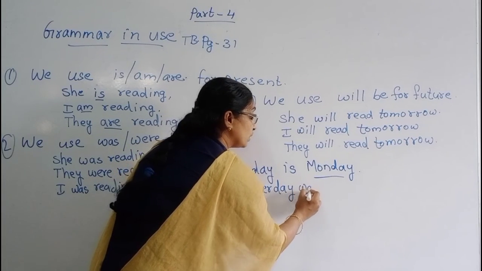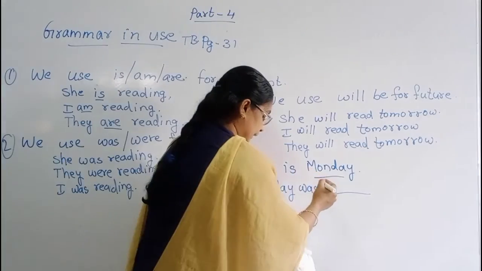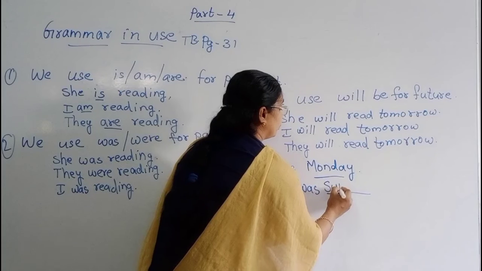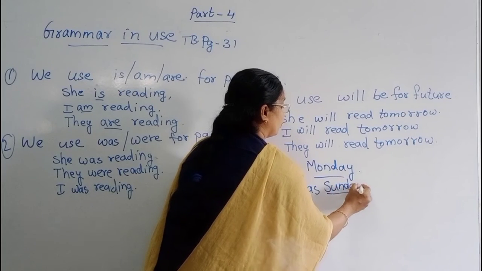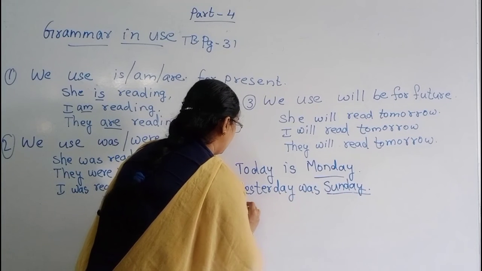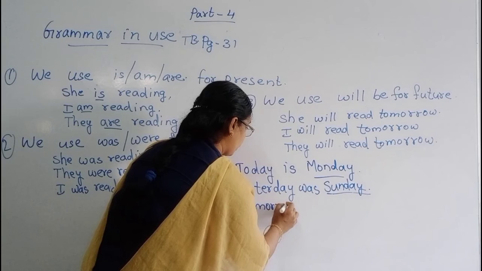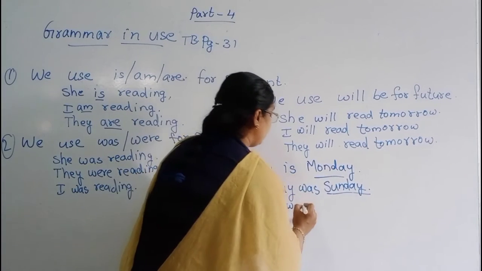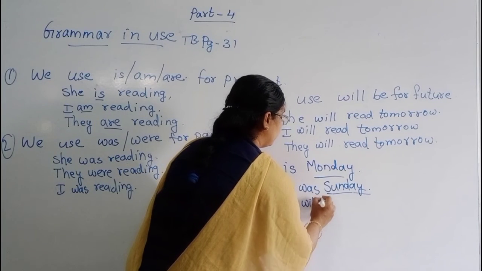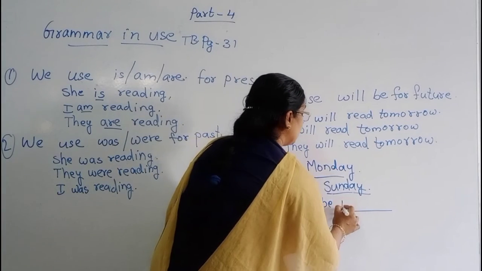Here we used was, children. Before Monday what will come? Sunday. Okay. Then next, tomorrow will be Tuesday.